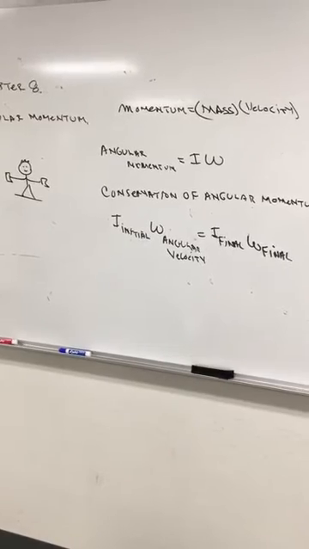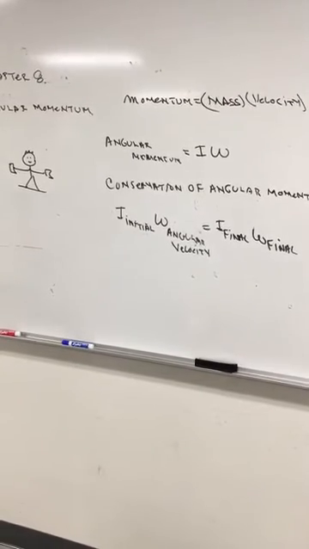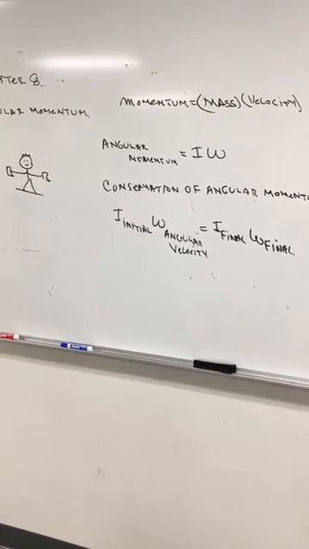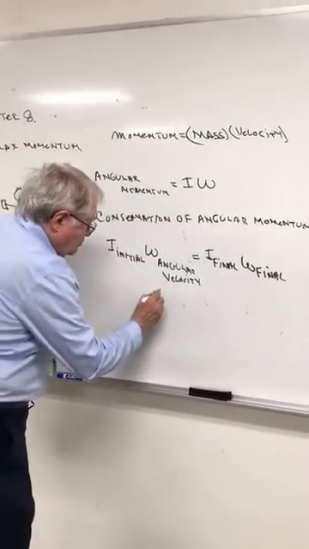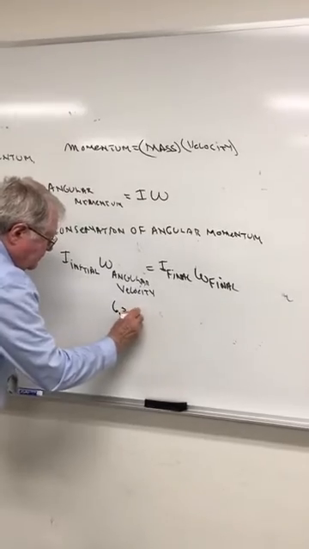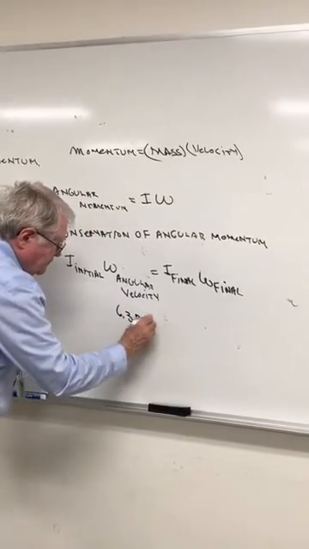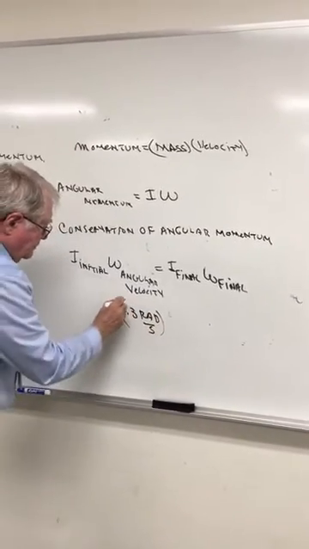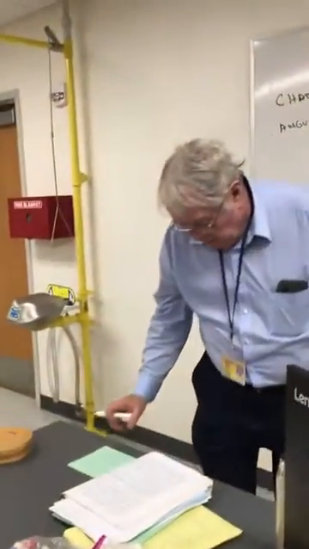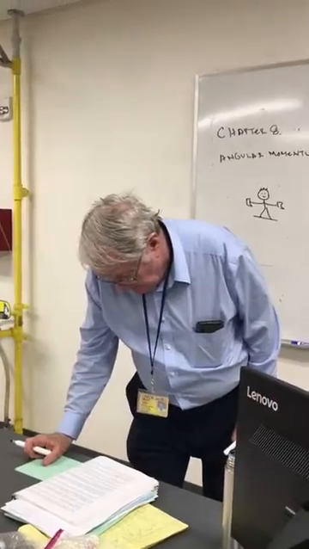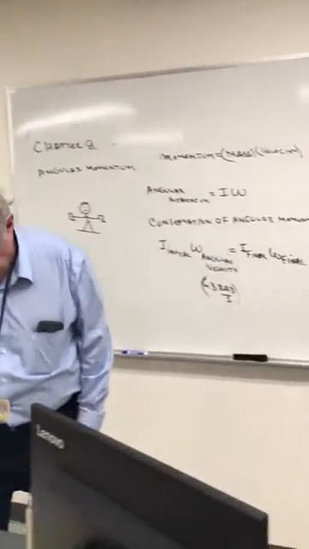So we have to read the problem again. It says the student stands on a platform which is rotating at 6.3 radians per second. Well, that's 6.3 radians per second. All right. And it says the student has a moment of inertia of 3 kilogram meters squared.